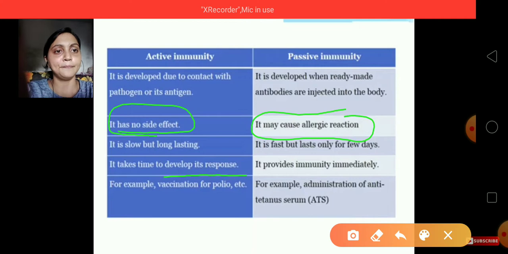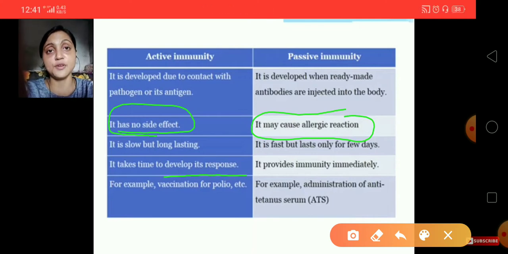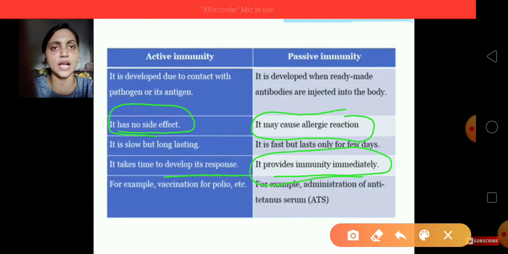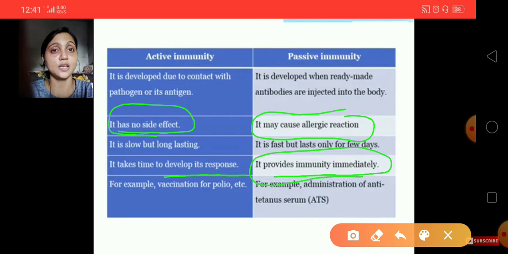But in case of passive immunity, it is a very instant response, because the ready-made antibody is getting injected into our body. So that is why it is spontaneous, and the antibiotics that we consume during a fever are also passive immunity.